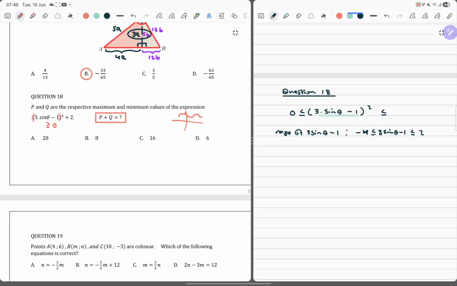Since this is a perfect square, can you see this will give us the biggest value? If we square minus 4, it becomes 16. Because this one is the small one, we can't use this one.